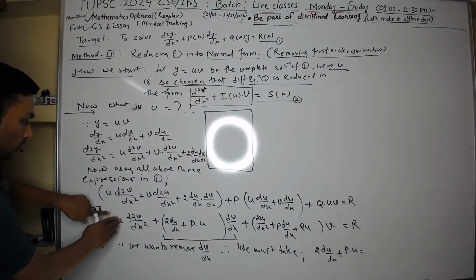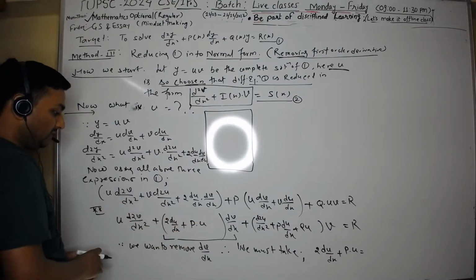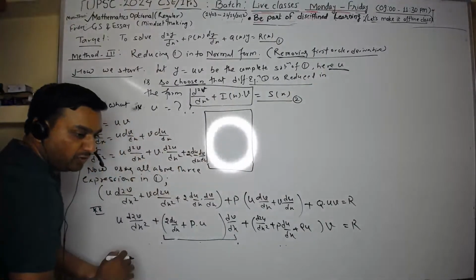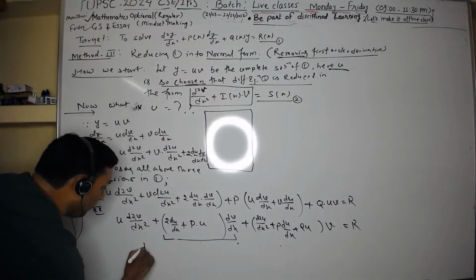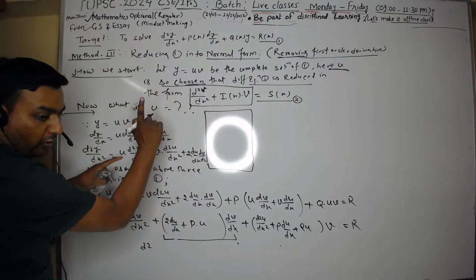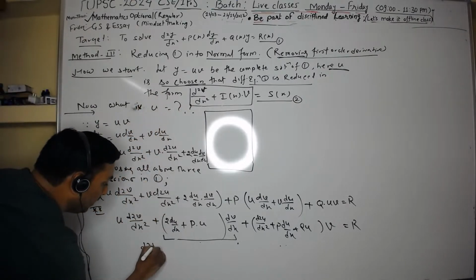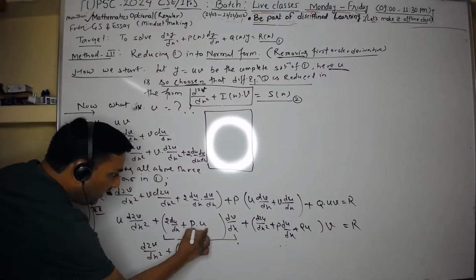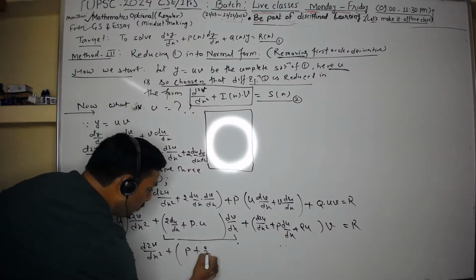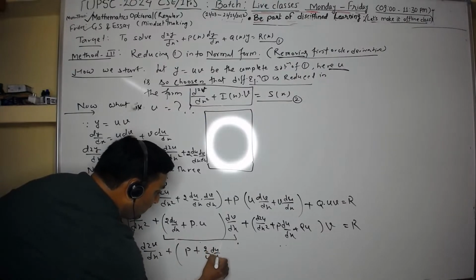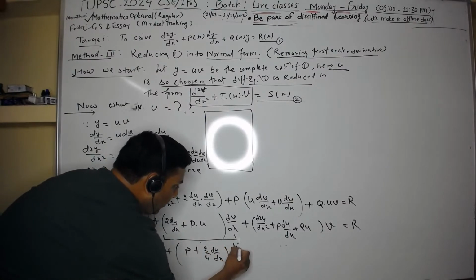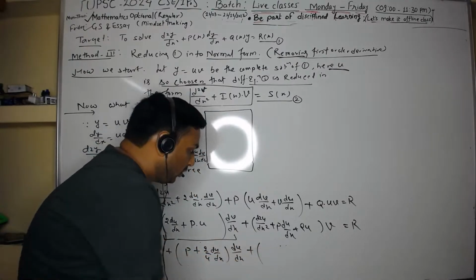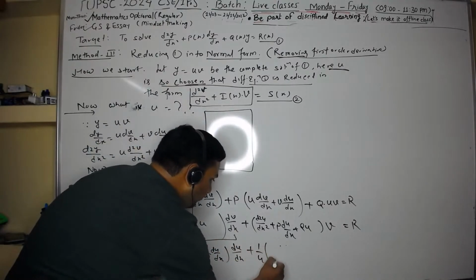अच्छा, एक u को इधर भेज दीजिए. अभी this expression, एक सेकेंड बस, मैं इस u को यहां भेज दूंगा. It will be more simplified. This will be in the form, because we need 1 coefficient of d2v as 1. So d2v over dx square plus p, u got cancelled, plus 2 upon u du over dx into dv over dx plus, अभी इधर में 1 upon u बाहर लिख सकते हैं, कोई इश्यू नहीं है.